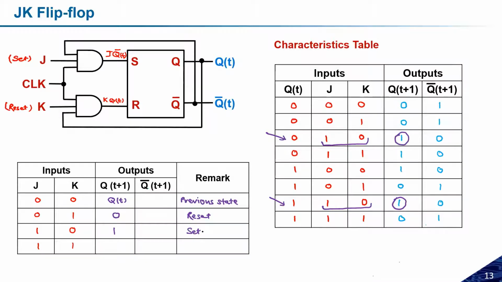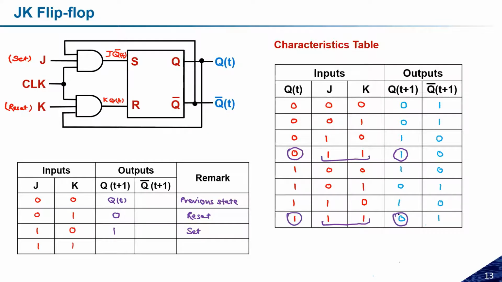Now the next case is 1, 1. In that case, let us try to see here. If we say 1 and 1, and the Qt was 0, I was getting 1, and if Qt is equal to 1, I will get 0.